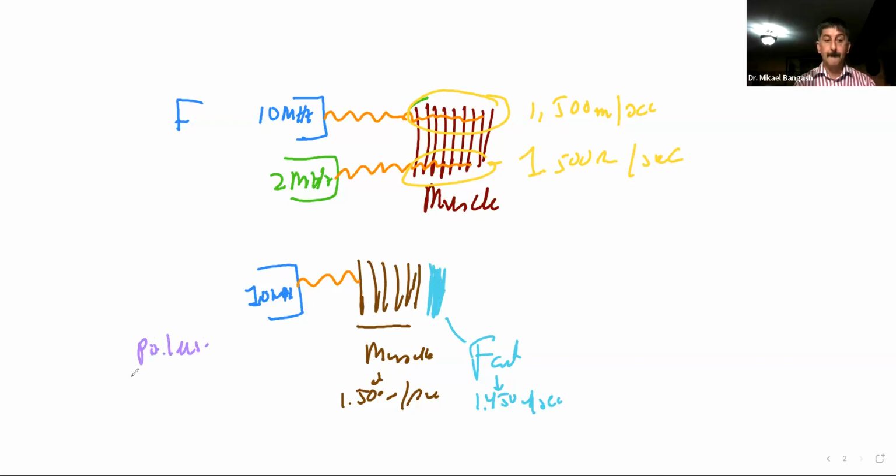We could also ask what the wavelength of the sound wave produced by the transducer was. That would be 1.54 divided by 10.